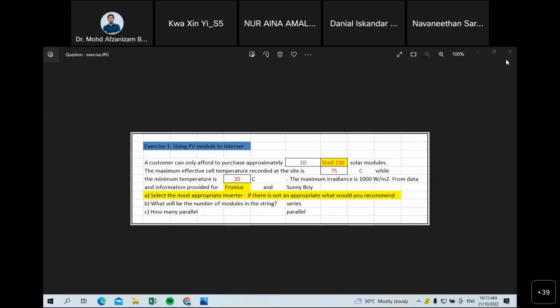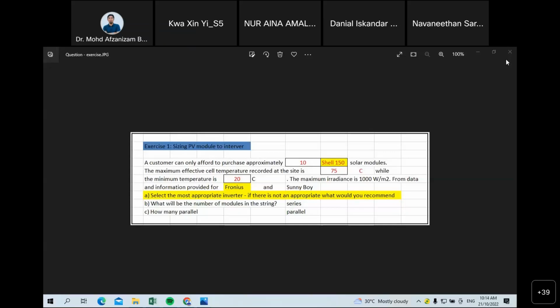Let's say the customer gives us 10 solar or PV modules, what number in series? Maybe 10, maybe 5 times 2, or maybe 1 times 10. It depends on our calculation.